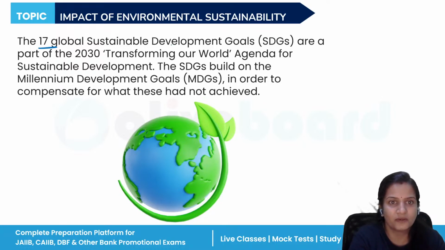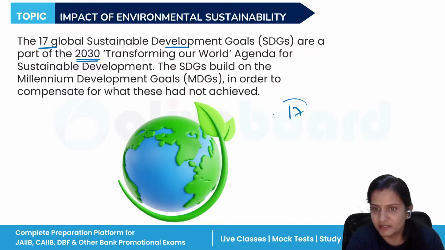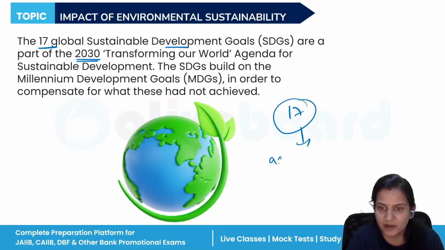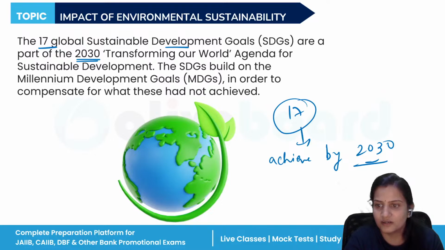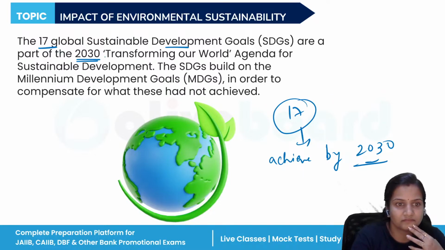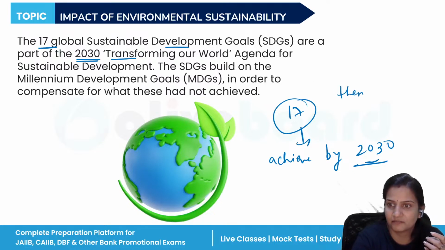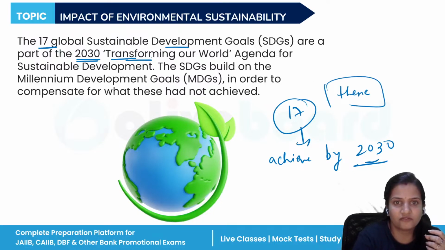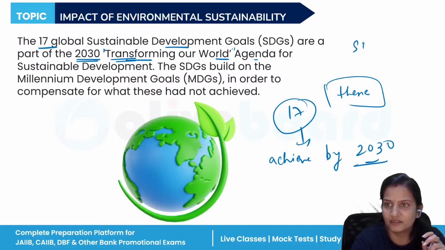The 17 global sustainable development goals are a part of Agenda 2030, meaning these 17 goals have to be achieved by the year 2030. And what was the theme? Transforming our world. This was the theme of the SDGs.